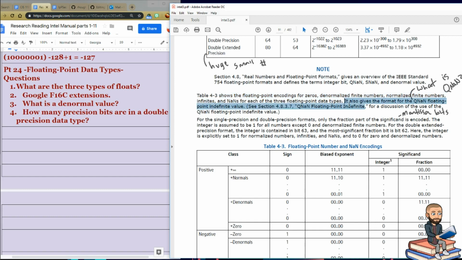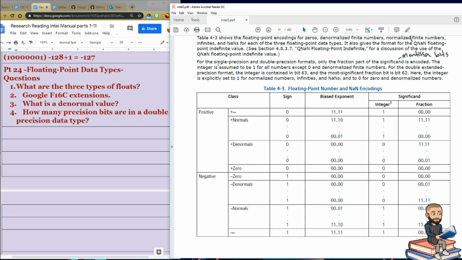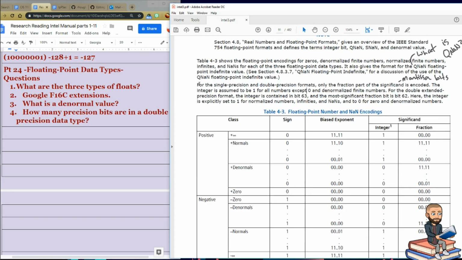It also gives a format for the QNAN floating point indefinite value. And you could go to this section to read more about that. Or it says for a discussion of the use of QNAN floating point indefinite values. So for this video series, you have to patiently wait till we get to that section to understand more. The next paragraph reads, for the single precision and double precision formats, only the fraction part of the significand is encoded.